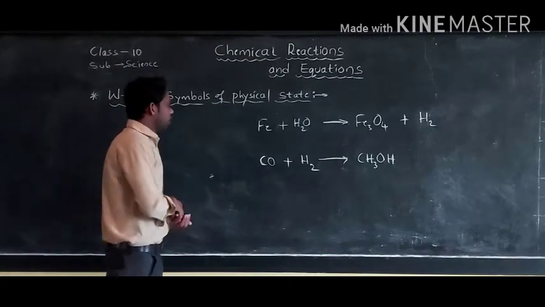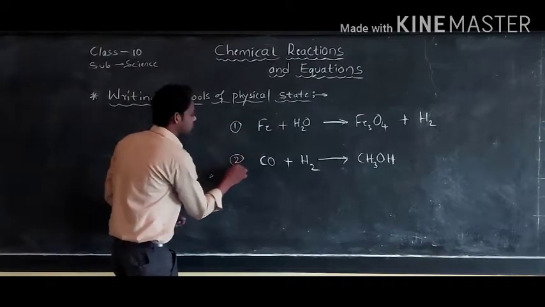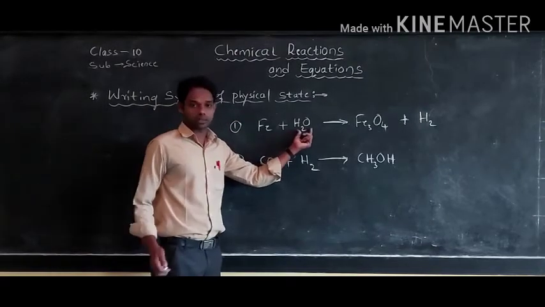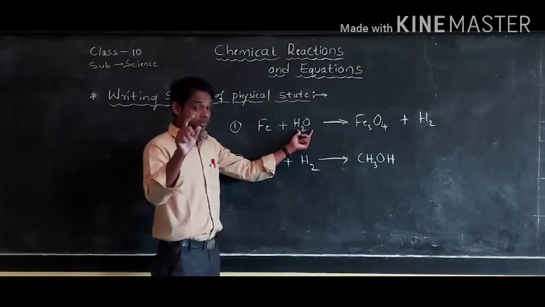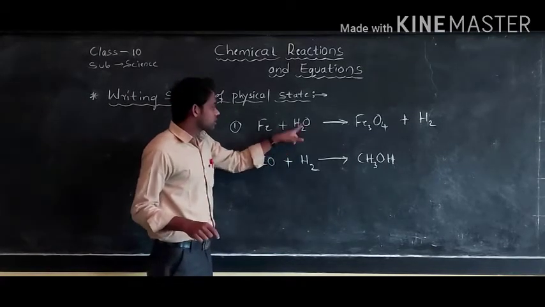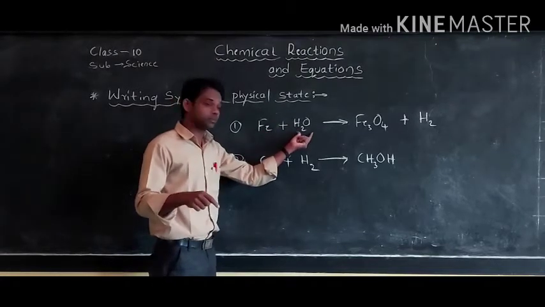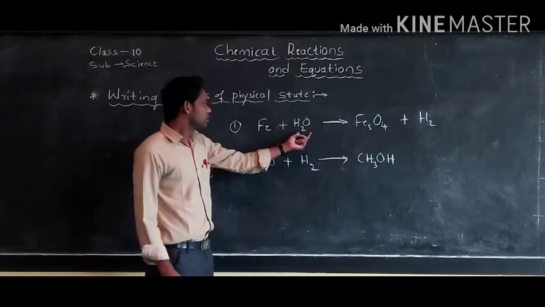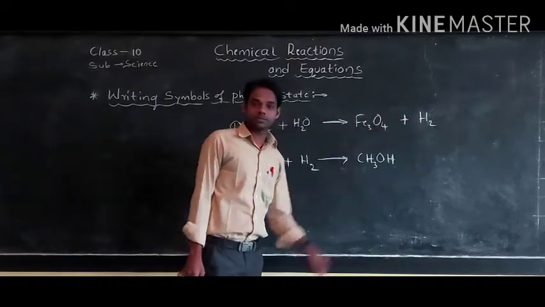See, I am taking iron reacting with hot water, that is, with steam. Listen carefully. Iron is not reacting with the water. It is reacting with the steam, hot water. Then it gives iron oxide and hydrogen.